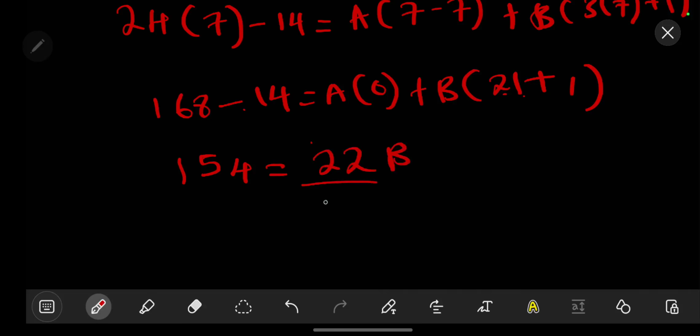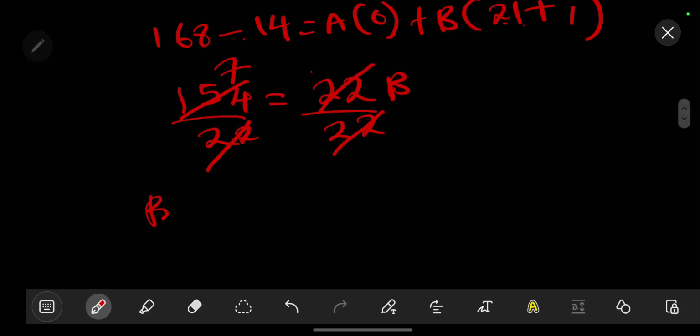So we divide: 154 divided by 22 gives us a value that is equivalent to 7. So we have our b is equal to 7.